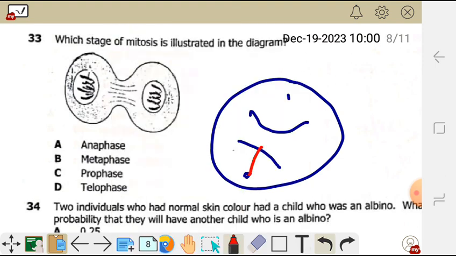The chromosome has separated here, and it has been pulled from the center there. That is under anaphase. And then from anaphase, we go to telophase, where now these chromosomes have already been pulled to the other sides, and now the cytoplasm is being separated to form two daughter cells. So this is telophase in this diagram there. So the correct answer is D.